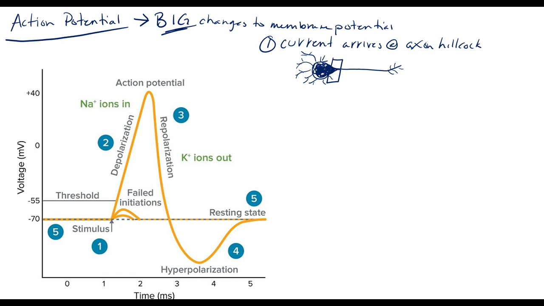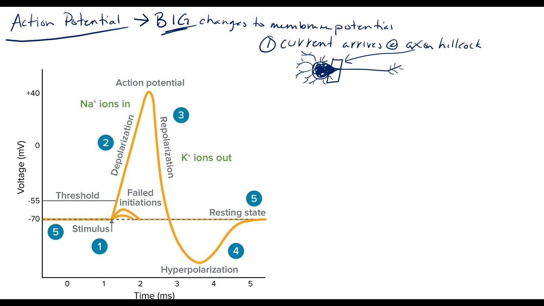When that current arrives at the hillock, at that point it is behaving like a local potential. If that local potential is strong enough, it will turn into an action potential. What I mean by that is it has to get the membrane potential above negative 55 millivolts.